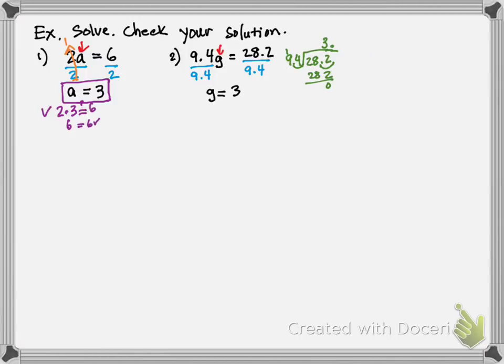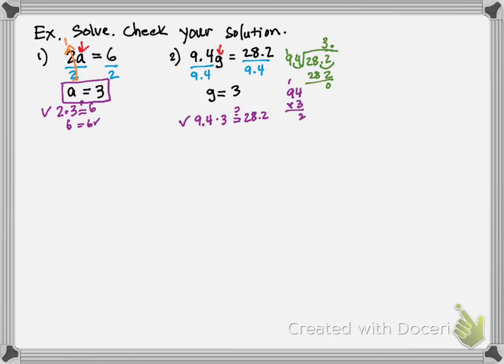Now, to check it, we're going to see if 9.4 times, let's do it this way. Oh my goodness. My decimal point looks like a multiplication symbol. There we go. That looks more like it. Times 3. And we want to know, would that equal 28.2? Off to the side, I'm just going to multiply 94 times 3.